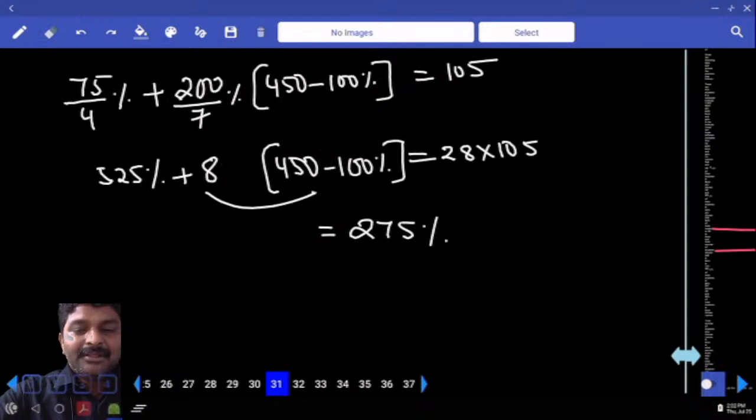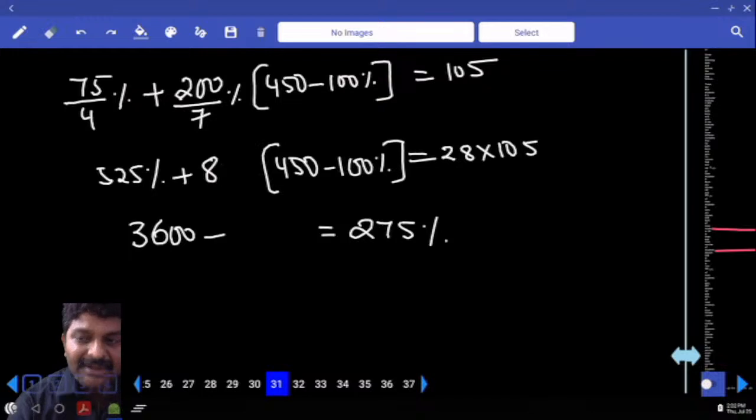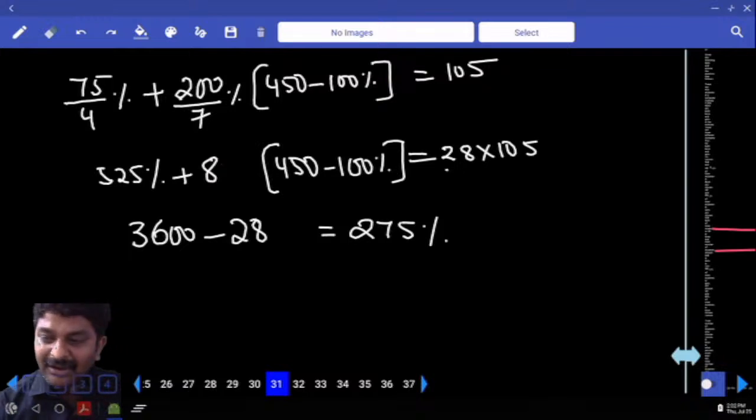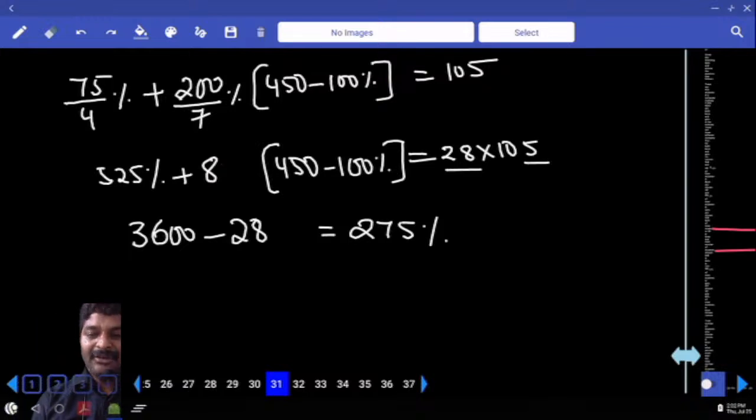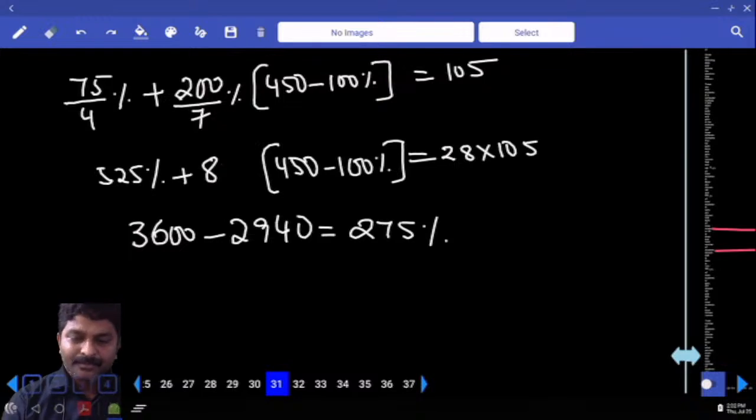Total 4,000 minus 400, 3,600. And the right hand side number, let's take that to the left hand side. 28 into 100 is 2,800, 28 into 5 is 140. 2,800 plus 140 is 2,940. How much is the difference? 660. 275% is equal to 660.